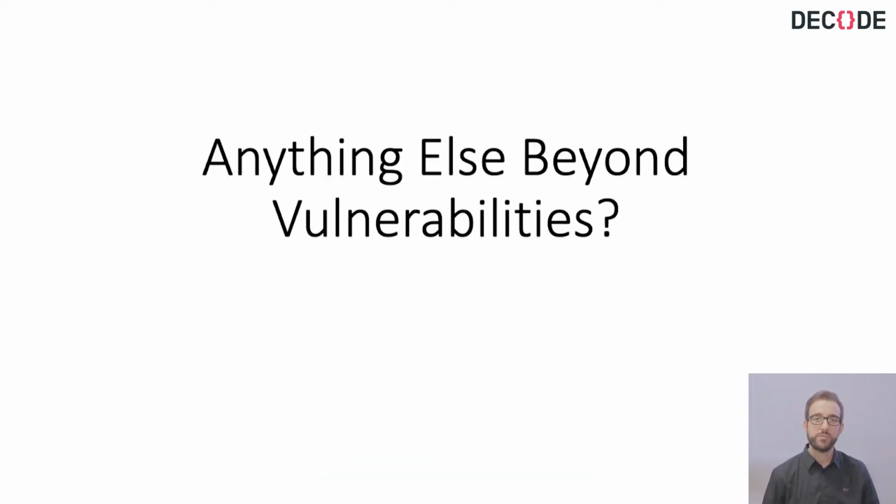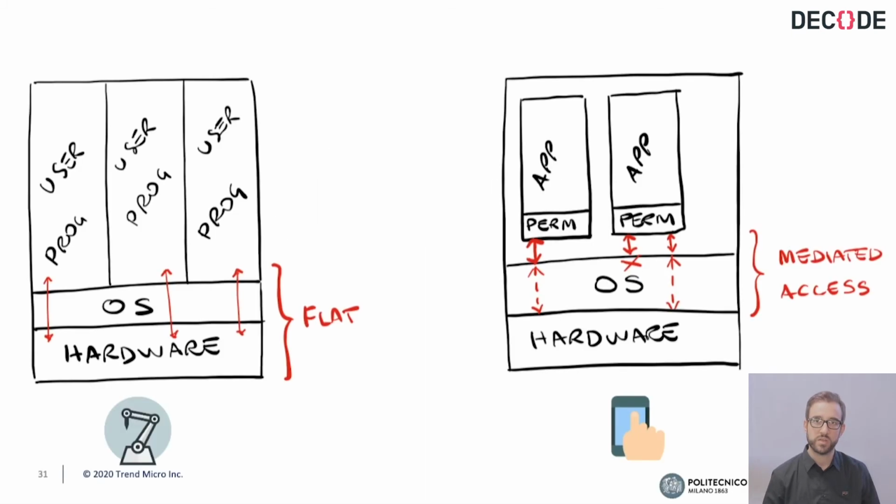Another question is, have we found anything else beyond these vulnerabilities? I want to tell you something about the runtime environment of these operating systems. The programs that I just showed you, the automation logic, run in a user space where the kernel does not perform fine-grained process isolation and resource isolation like it happens in modern operating systems.